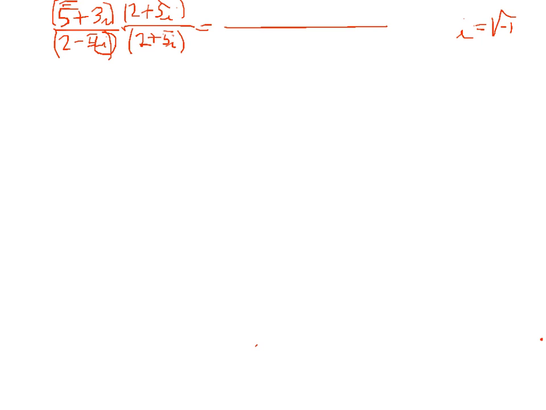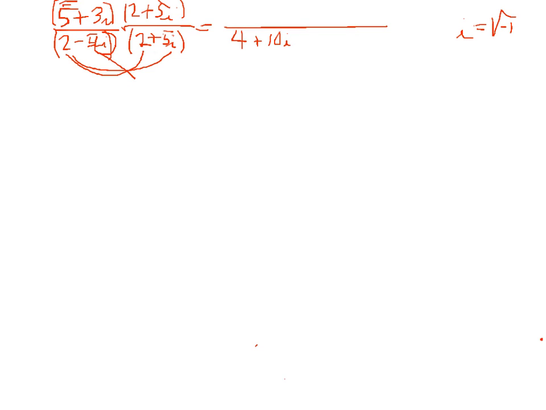We're going to FOIL this here. 2 times 2 is 4. Now I'm hoping that you were thinking that before I wrote it. I'm going to pause a little bit for you to come up with the answers. Then 2 times 5i is plus 10i. You should be deciding what I'm going to write before I write it.